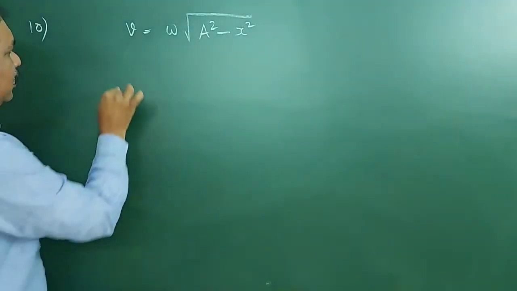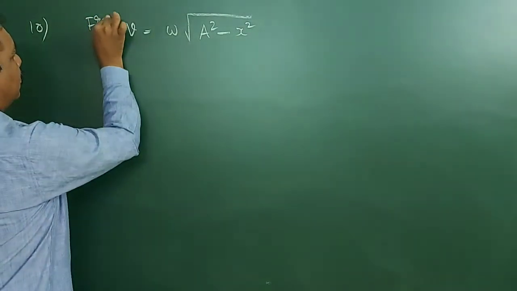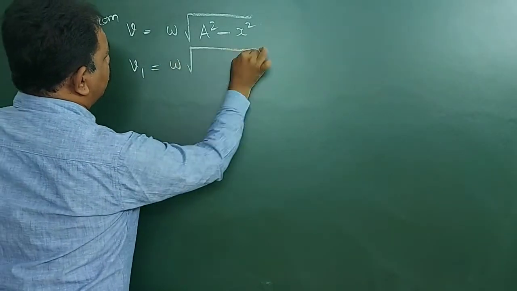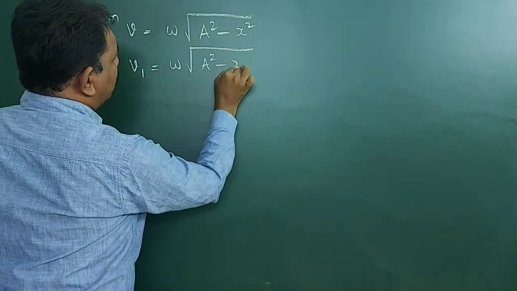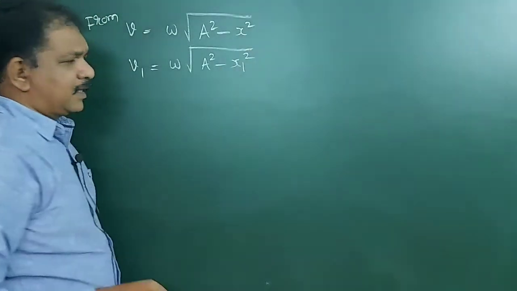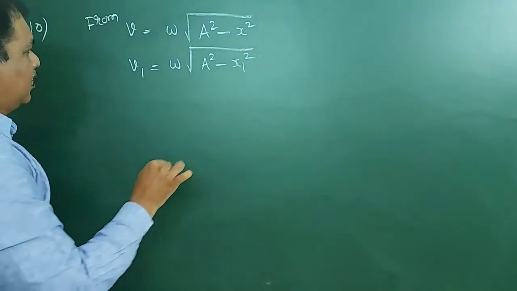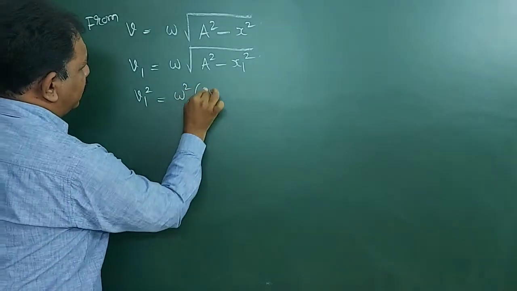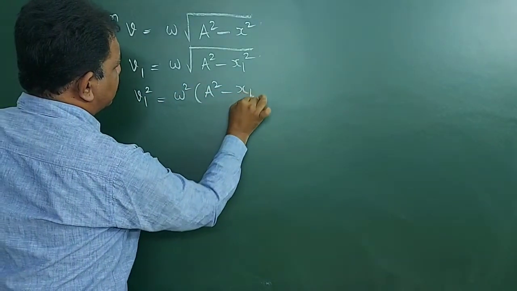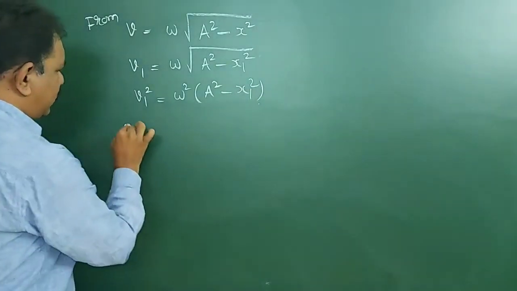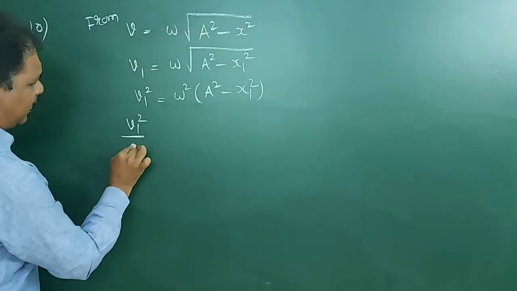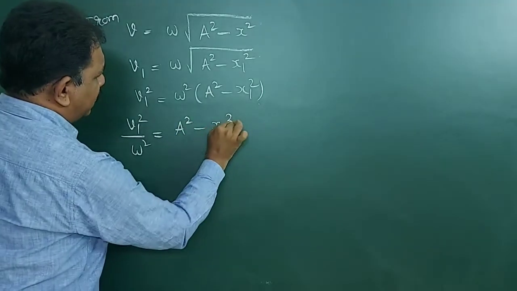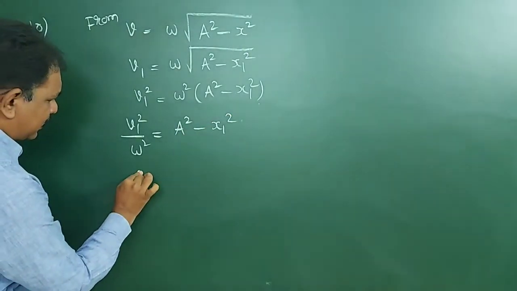From this formula, v1 is equal to omega into root of a square minus x1 square. v1 square is equal to omega square into (a square minus x1 square). v1 square by omega square is equal to a square minus x1 square.